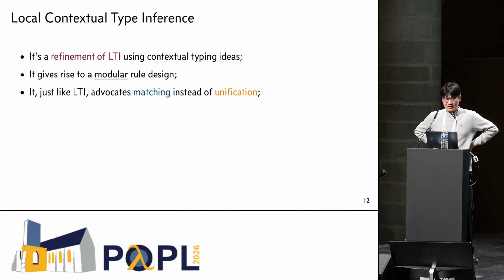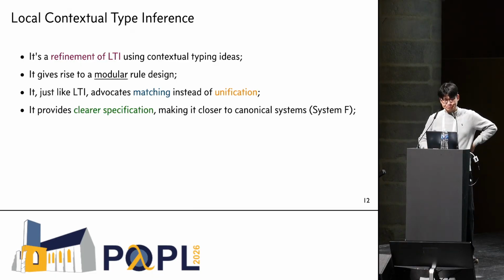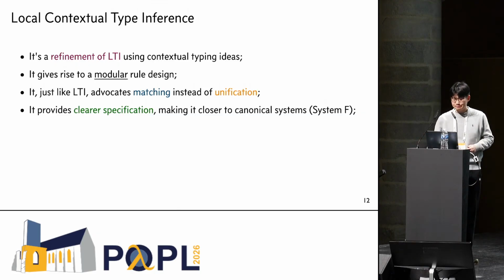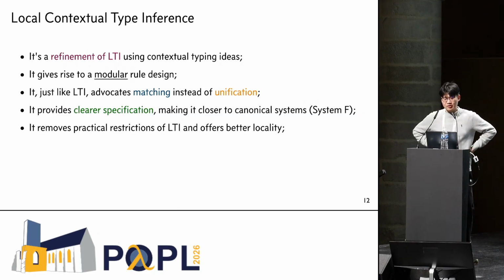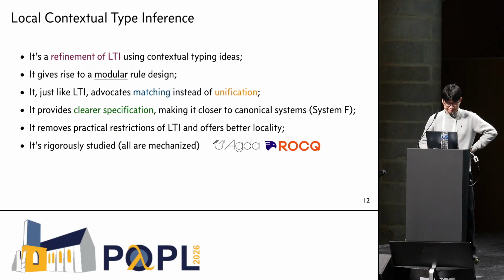And just like local type inference, it advocates the so-called matching instead of unification. We will get back to the matching later. It provides clear specification, making it closer to canonical systems like System F or implicit System F. It removes the practical restrictions of local type inference and offers better locality.